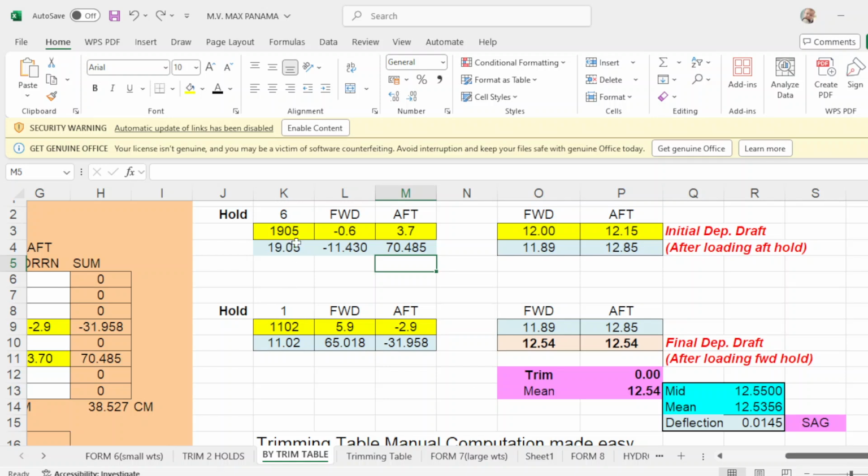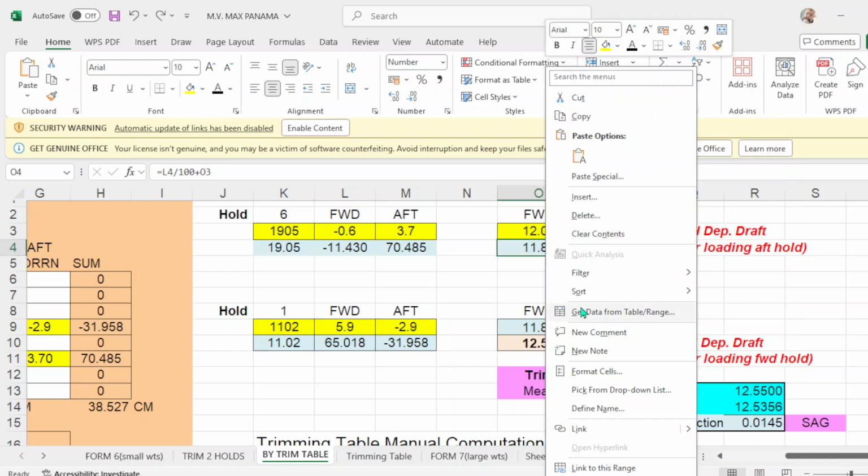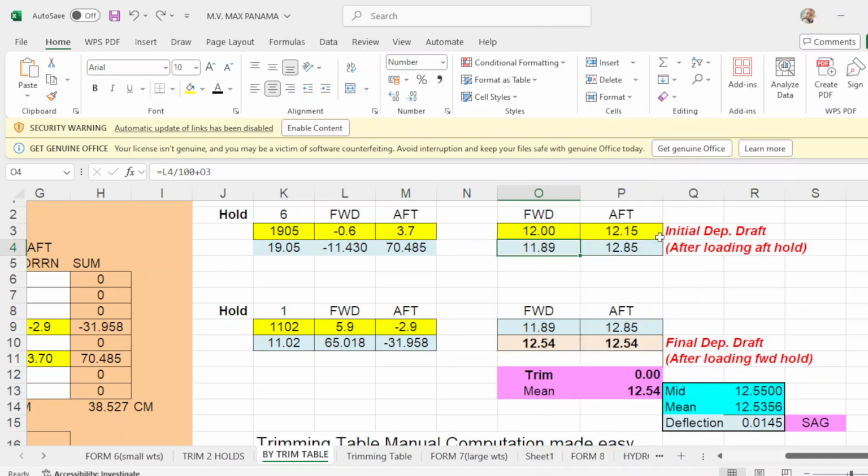Once you have completed hold number 6, this will be your drop of 11.89 forward. Up is 12.85. And this is your initial drop. Then you will load in hold number 1 of 1102. Upon completion of loading this value, your drop forward will be 12.54, up will be 12.54, your trim is 0, and your main is 12.54, and your deflection is 0.